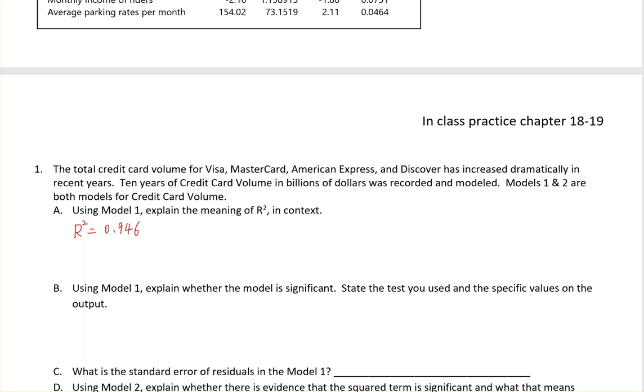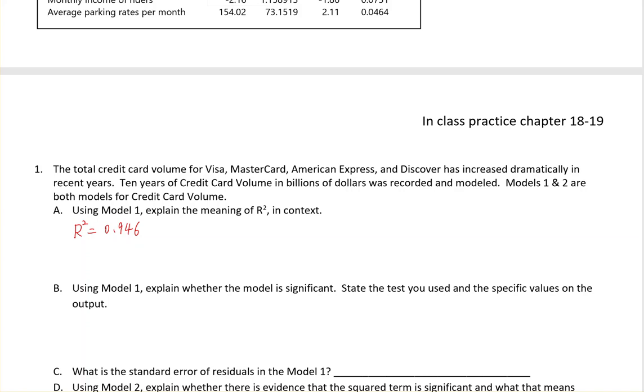All right, so I have R square is 0.946. Then you need to explain the meaning of R square, right? Generally we say R square shows the proportion of observed variation in Y that is explained or accounted for by the regression or the modeling of X, right?